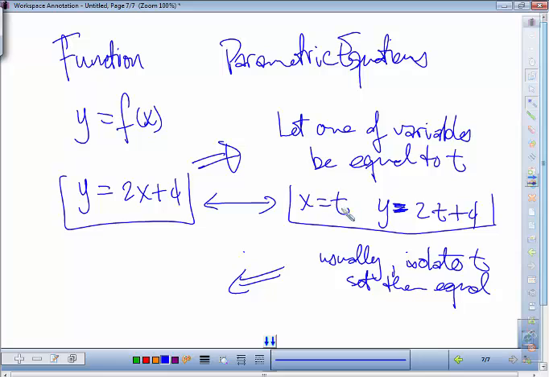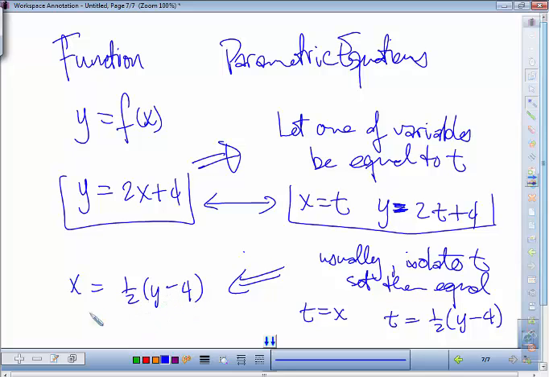Here t is already by itself. Here t is equal to, let's see, 1/2 y minus 4. And then you would set them equal to each other. You would have x is equal to 1/2 y minus 4. And with enough algebra, you should be able to convince yourself that this is exactly y is equal to 2x plus 4.